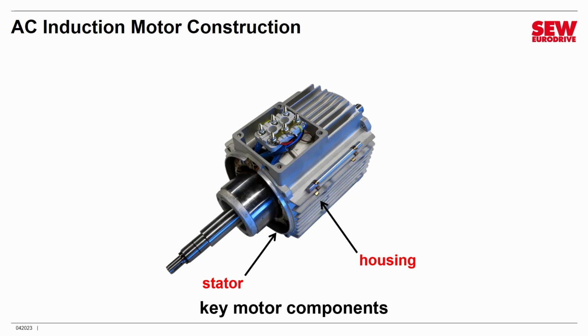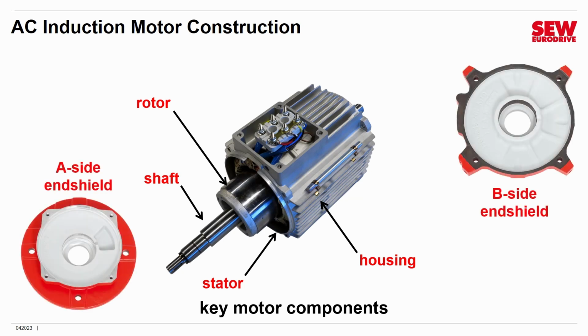That simply encloses everything and protects it. Then you have the rotor, which spins inside the stator, and the motor shaft is attached to the rotor. Motors have end shields that are like caps that close the ends and provide a place for the shaft to exit, usually through a seal that protects the interior of the motor.